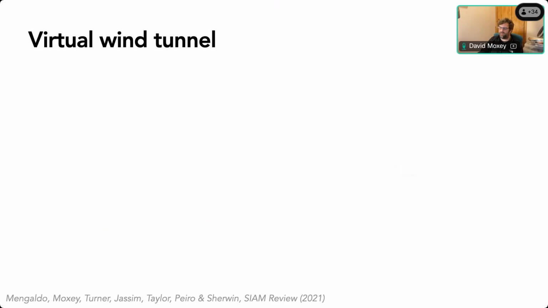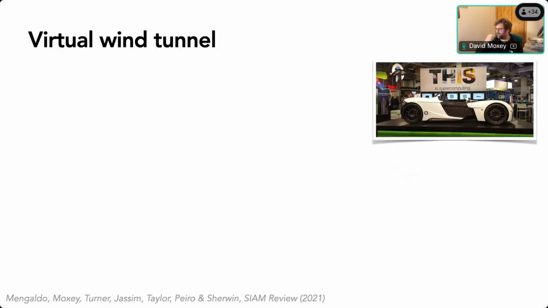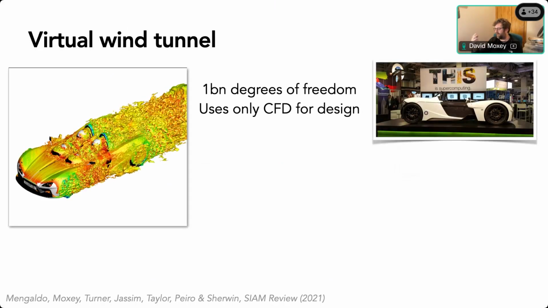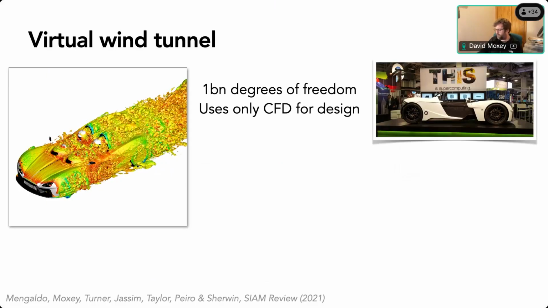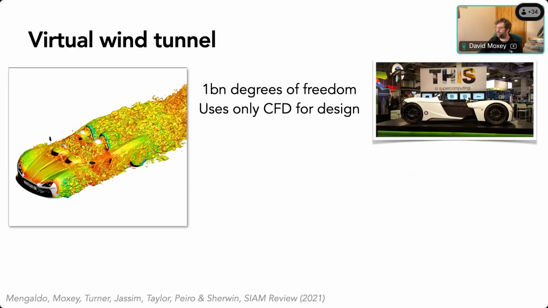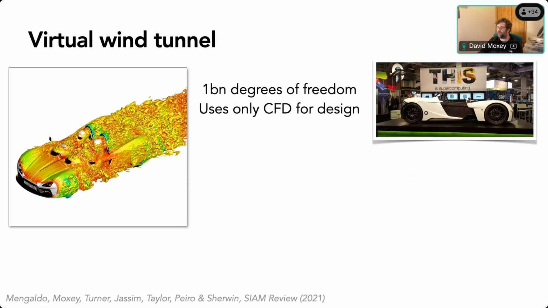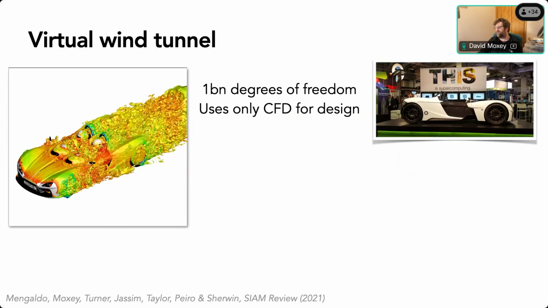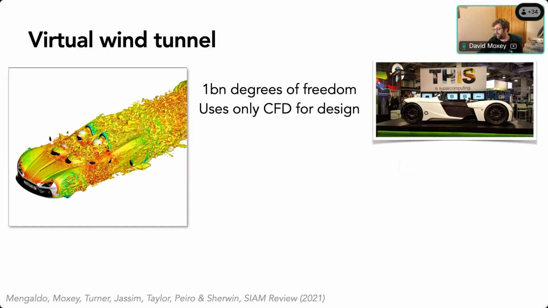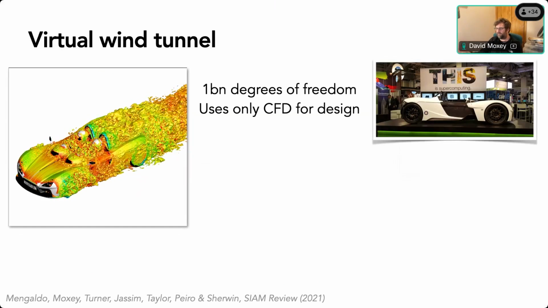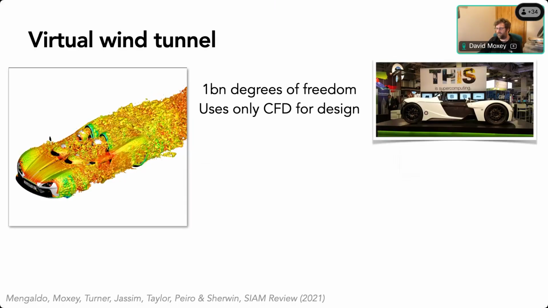Just to give you one final example of this thing actually being used in action, this is a track car. So if you've got a bunch of money burning a hole in your pocket, you can probably buy one of these things. They're usually set up by small companies. And in this case, there's a specific company, Elemental, who put this car together.